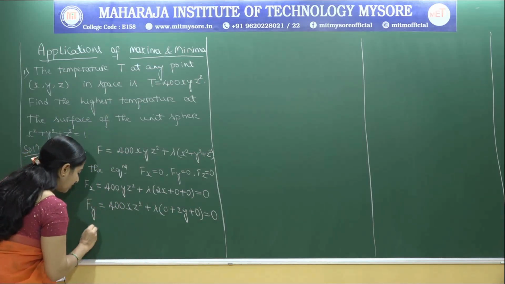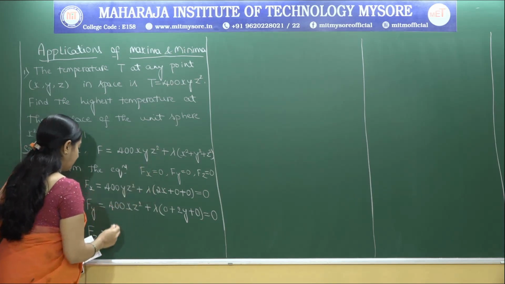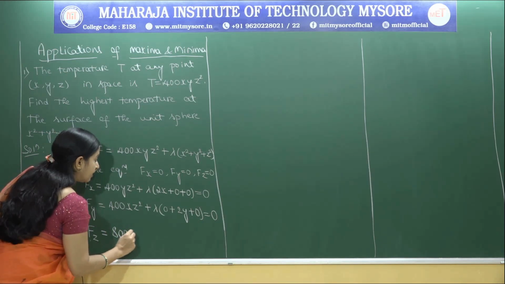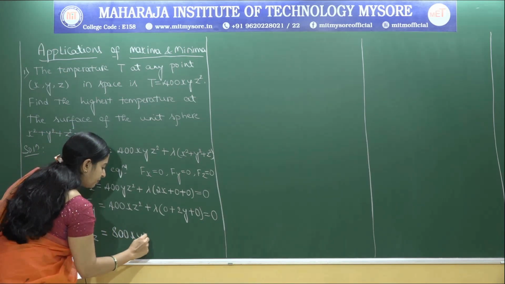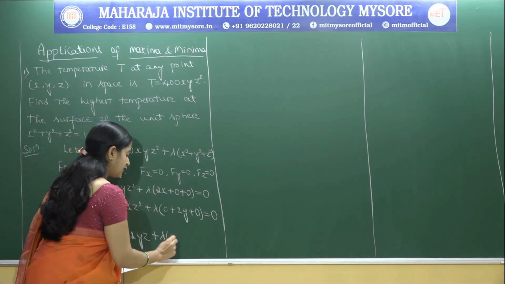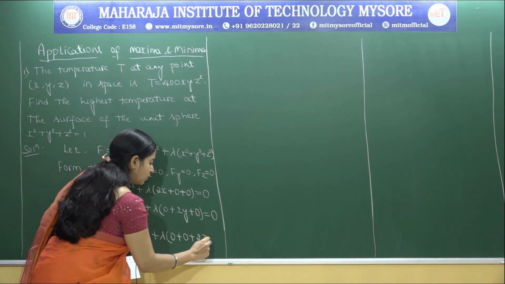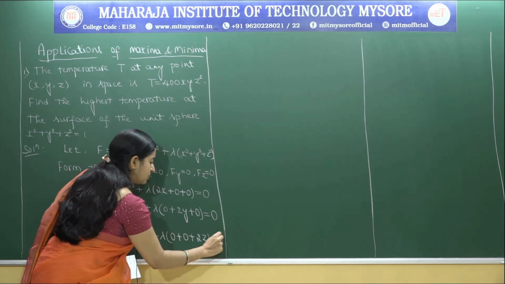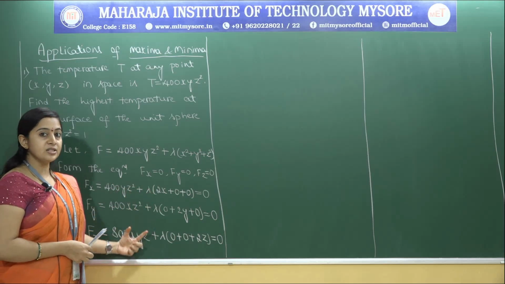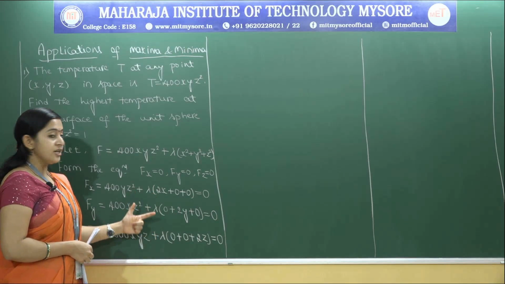Similarly, differentiate with respect to z: since the z squared differentiation is 2z, multiplied with 400, you will get 800xyz plus lambda times, x squared differentiation 0, y squared differentiation 0, z squared differentiation 2z, then equate this term to 0. Then solve this, equate the lambda values, and you will get the stationary points.